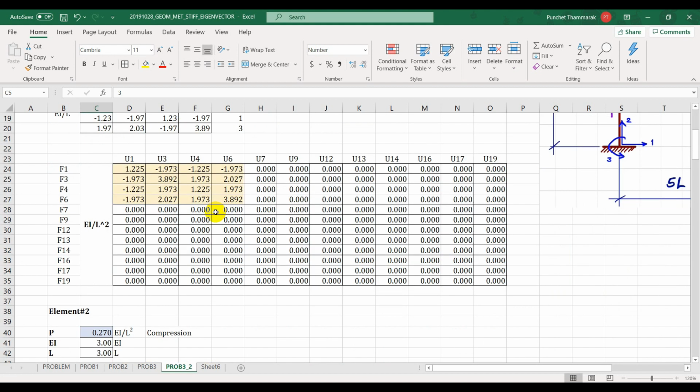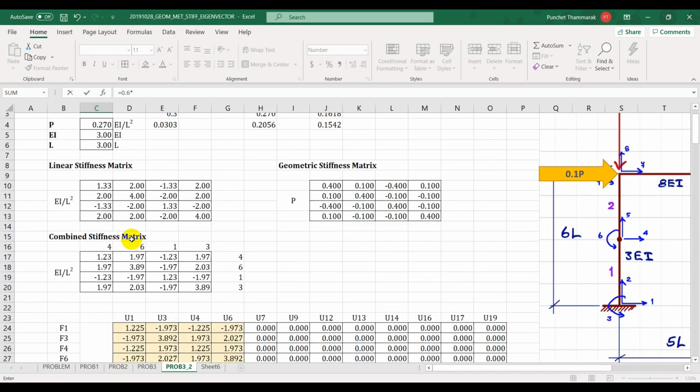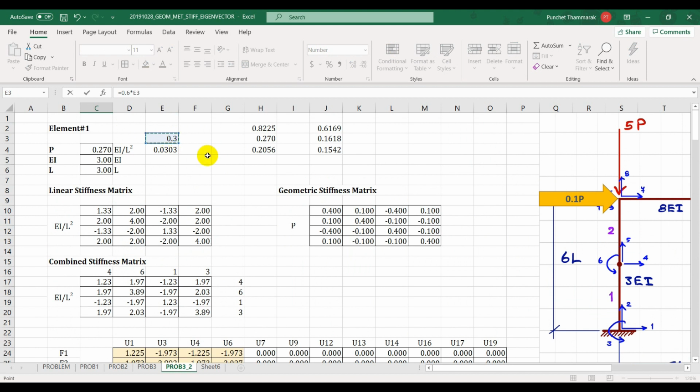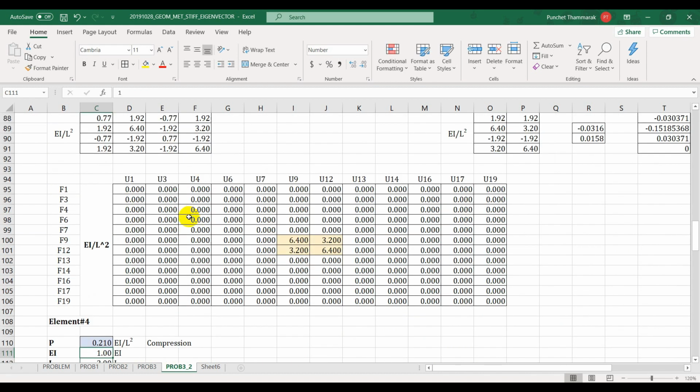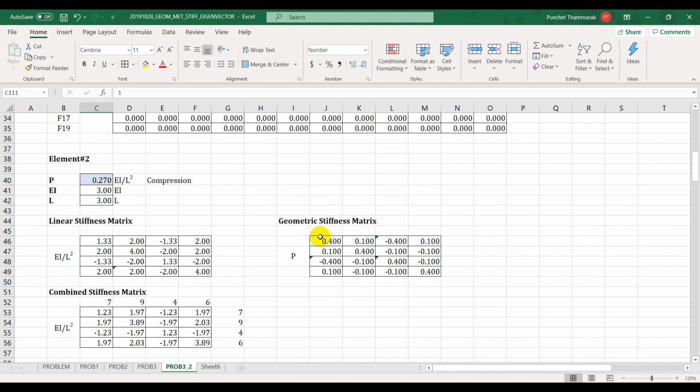Okay. And number 4, make it equal to 0.6 times this one, right? And then plus this one. Okay. Yeah, so it's gonna be faster to just fill in.